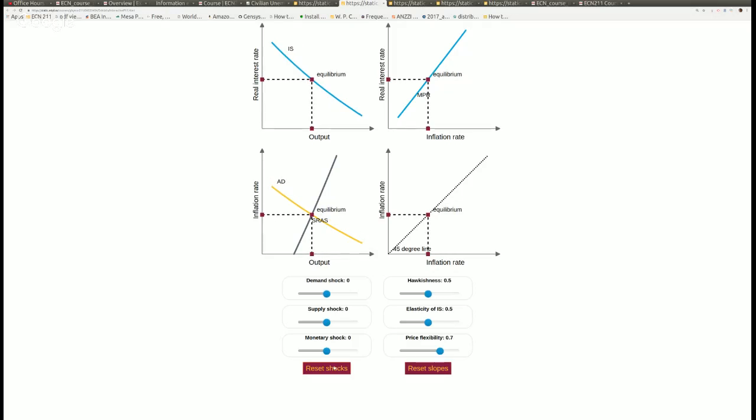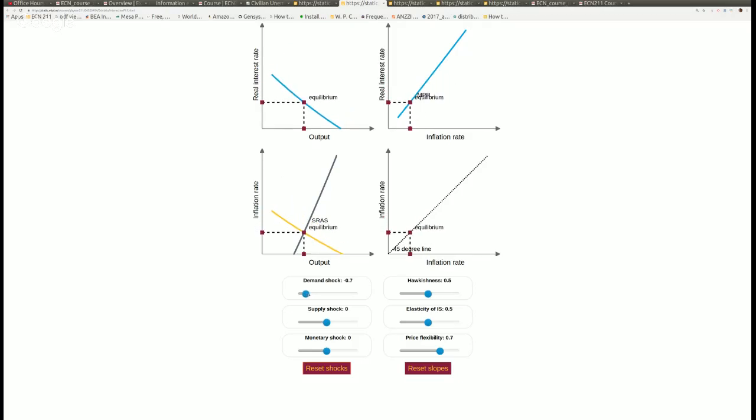So let's think about a recession that's driven by a demand shock. Demand in the economy for goods and services falls. That results in a decline in output, as well as a decline in the inflation rate. Now, what can the central bank do in order to reduce the decline in output and the decline in the inflation rate?